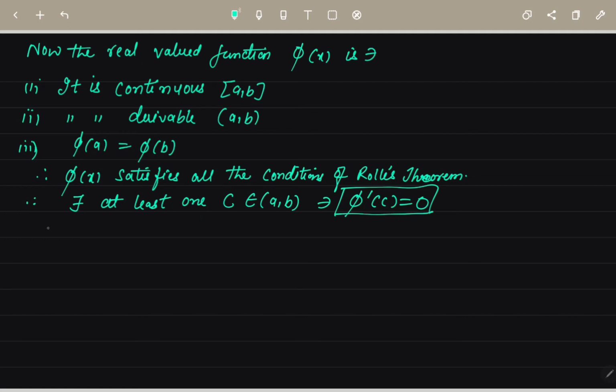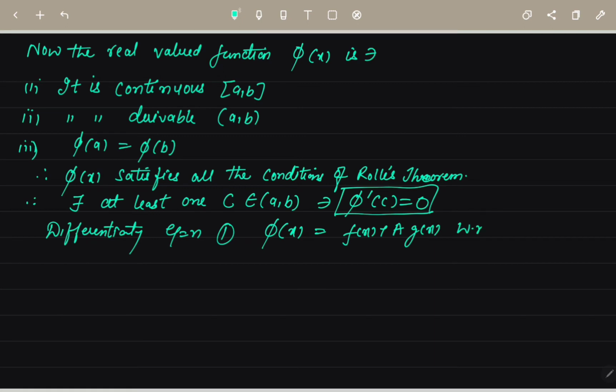So differentiating equation first, which was phi x is equal to f of x plus a into g of x, with respect to x, we get phi dash x is equal to f dash x plus a into g dash x.